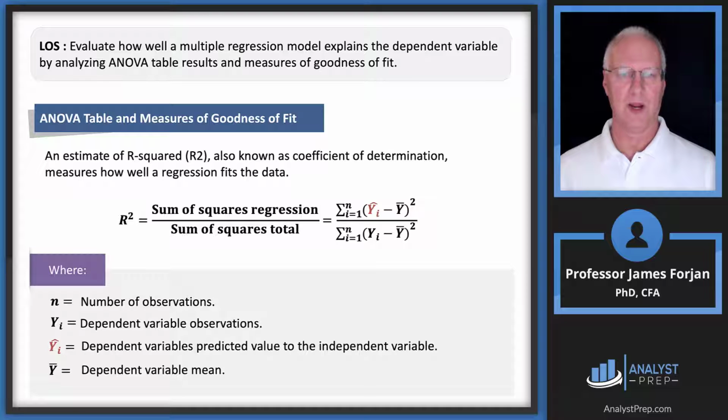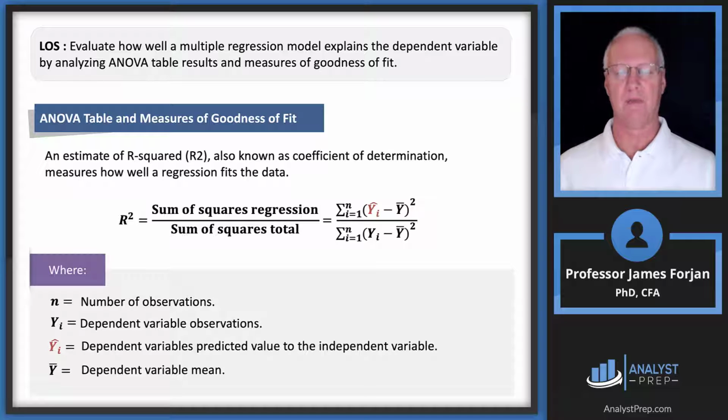But this R-squared has an interesting formula. Notice that the LOS asks us to evaluate. So R-squared is going to be the SSR, the sum of the squares regression, divided by the SST, the sum of the squares total. So we're going to have to evaluate that ratio.